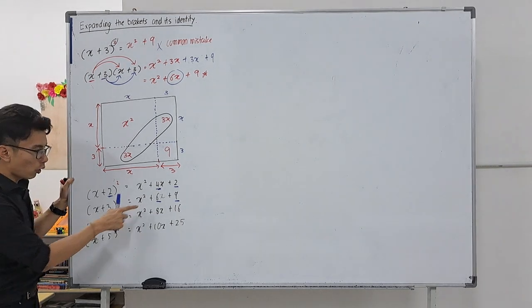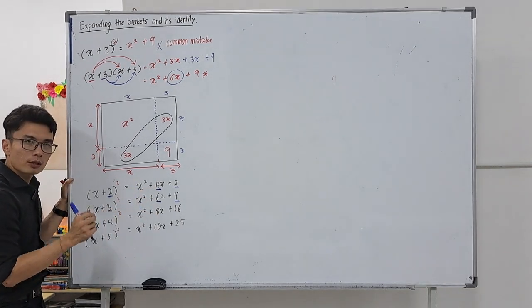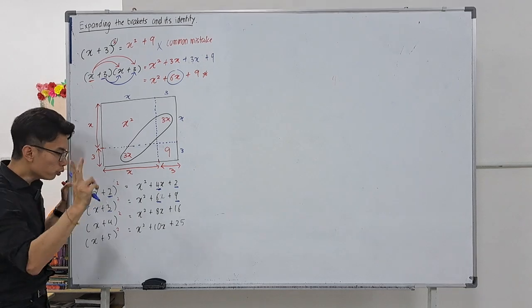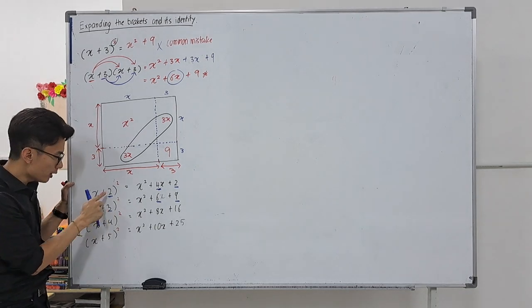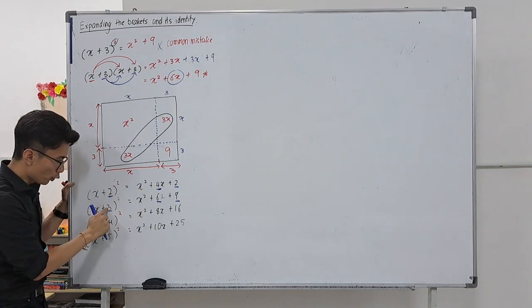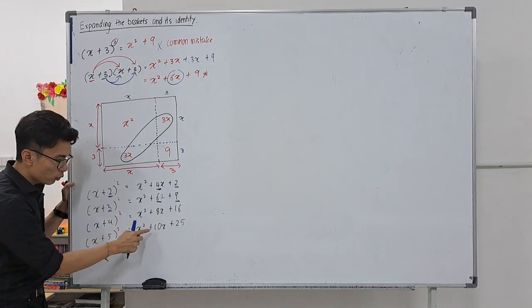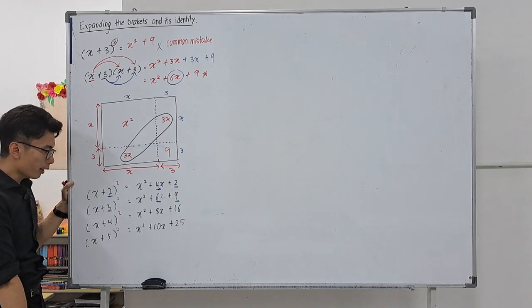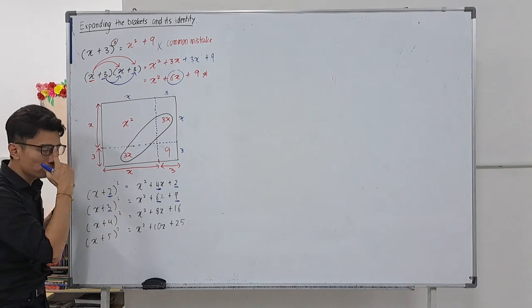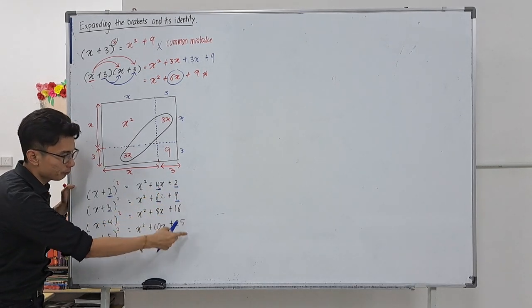Do you notice that all the middle terms here are 2 times this number? 2 times 2 is 4, 3 times 2 is 6, 4 times 2 is 8, 5 times 2 is 10. Can you see that? And what do you notice about the last number here?